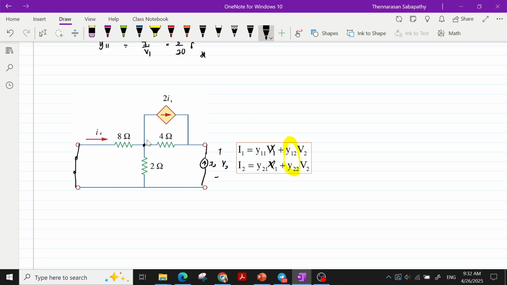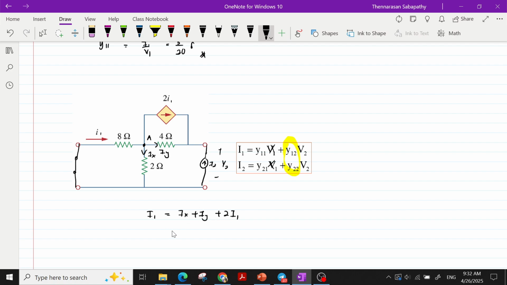Okay, so we can start the same way as before. First we start with node A, so I can write the equation here. Current entering the node equals current coming out from the node, Ix, Iy. So I1 equals Ix plus Iy plus 2I1.